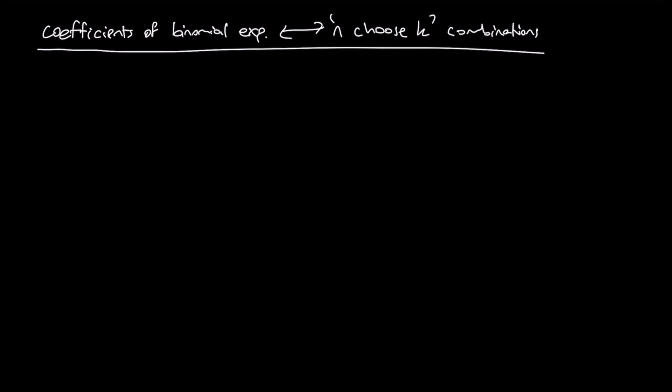And we're going to do that with an example. So let's consider (x plus y) to the power of 5. Now, (x plus y) to the power of 5 is (x plus y) multiplied by itself 5 times.